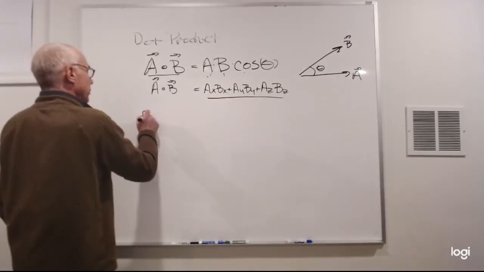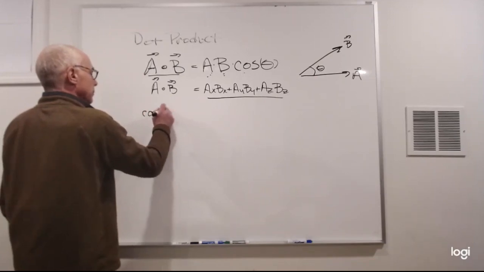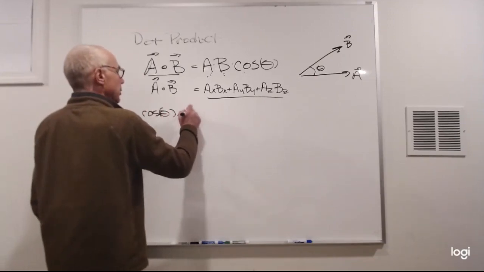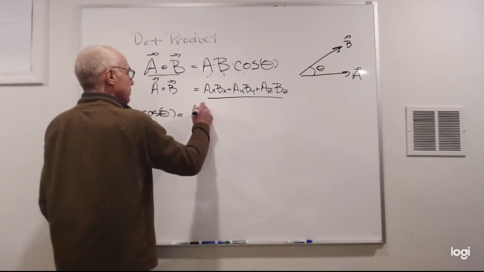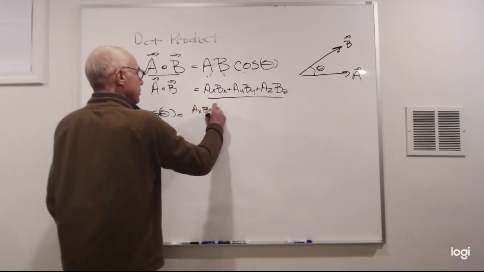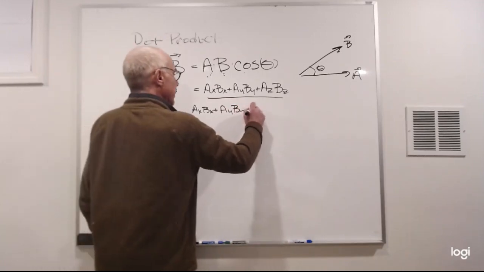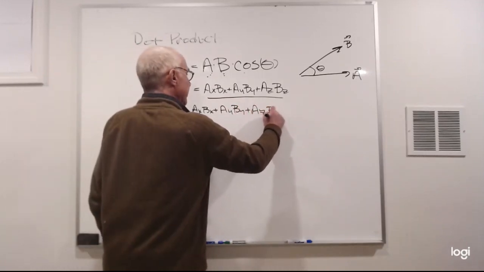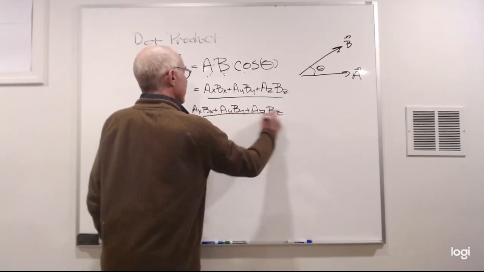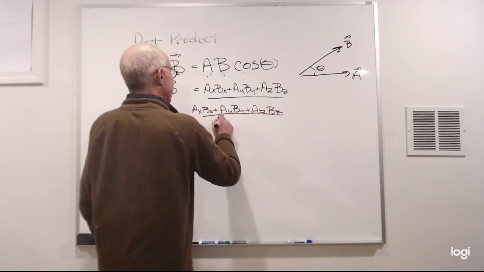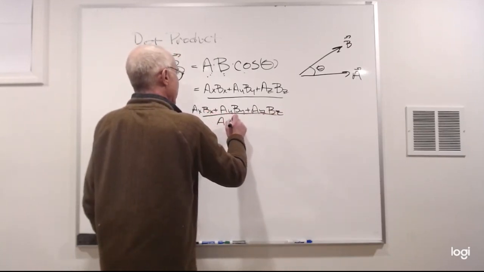So I'm going to say cos theta equals ax bx plus ay by plus az bz over the magnitude of A times the magnitude of B.